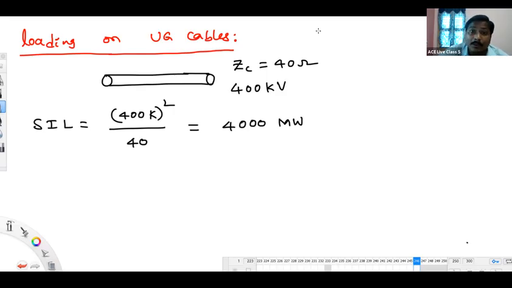So we have to keep the loading on the cables based on the thermal limit, and always loading less than SIL is practical for underground cables. I am writing the statement, kindly go through it: SIL of cable is very high.